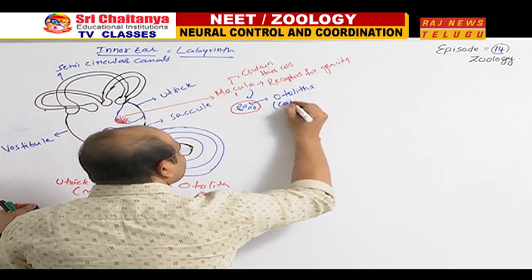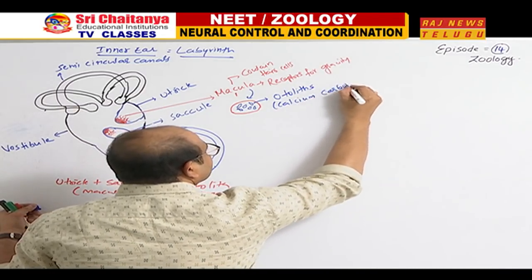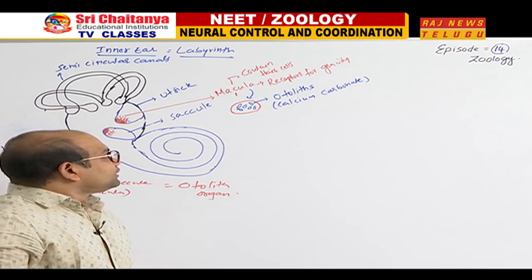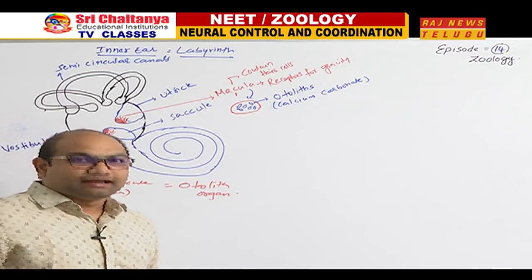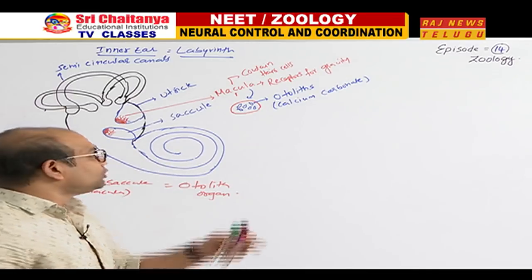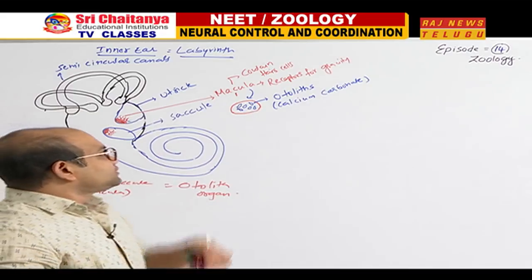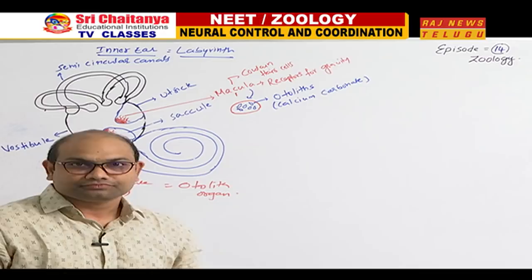These otoliths are crystals made up of calcium carbonate, and they respond in relation to our head movement with the help of gravity. So, while we are tilting our head, turning our head, the movement of otoconia can be seen. When there is a disturbance in this, a condition related to the ear called vertigo arises.